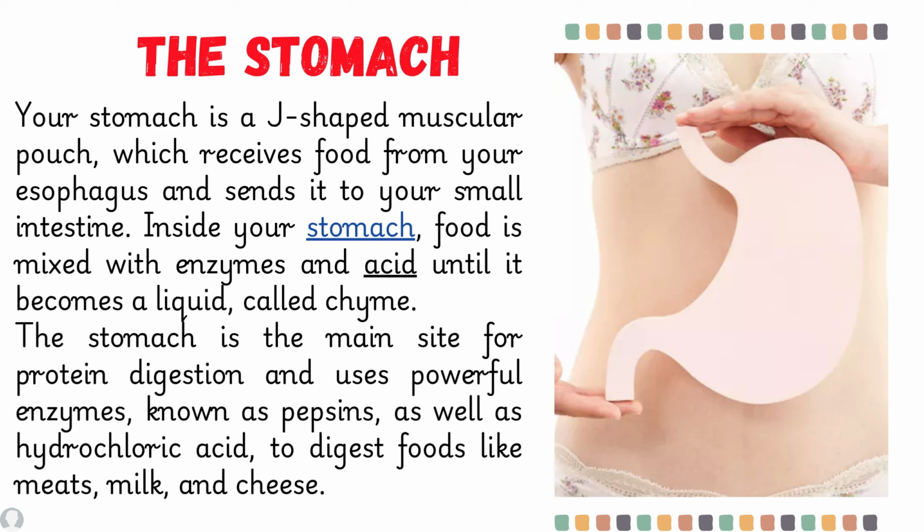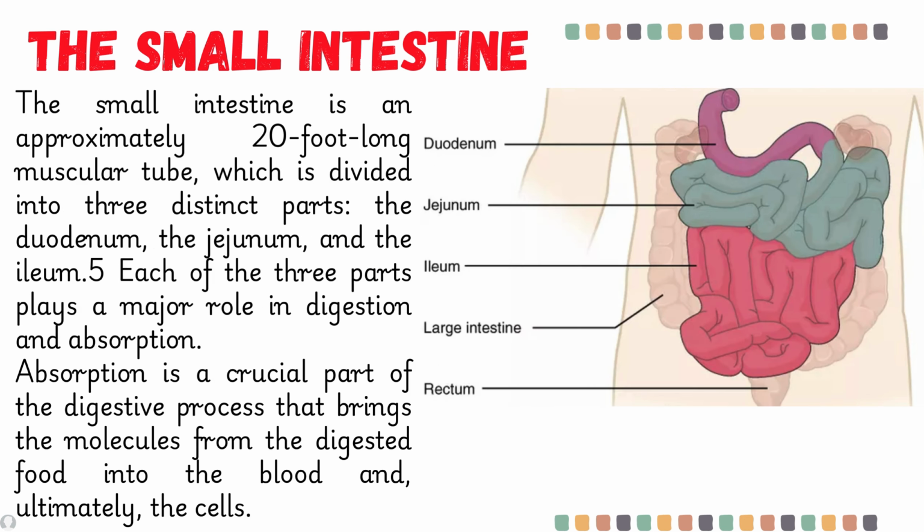Don't forget that the stomach is the main site for protein digestion and uses powerful enzymes known as pepsin as well as hydrochloric acid to digest foods like meats, milk, and cheese.